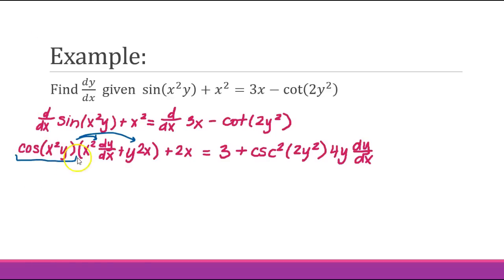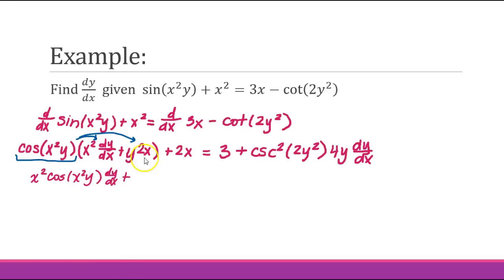So when we distribute this, we write x squared in the front, cosine of x squared y, dy dx. Remember, you cannot put x squared inside the cosine function. You can't take anything and put it inside or pull anything out of a trig function.